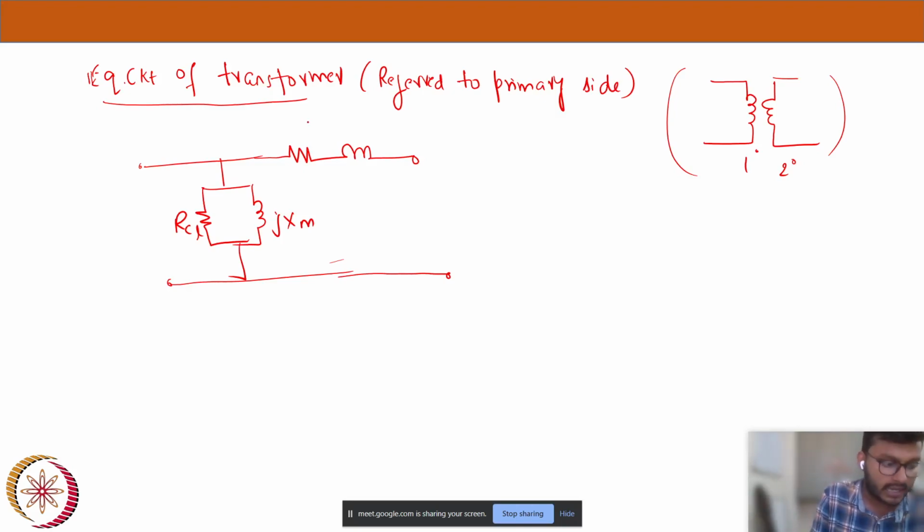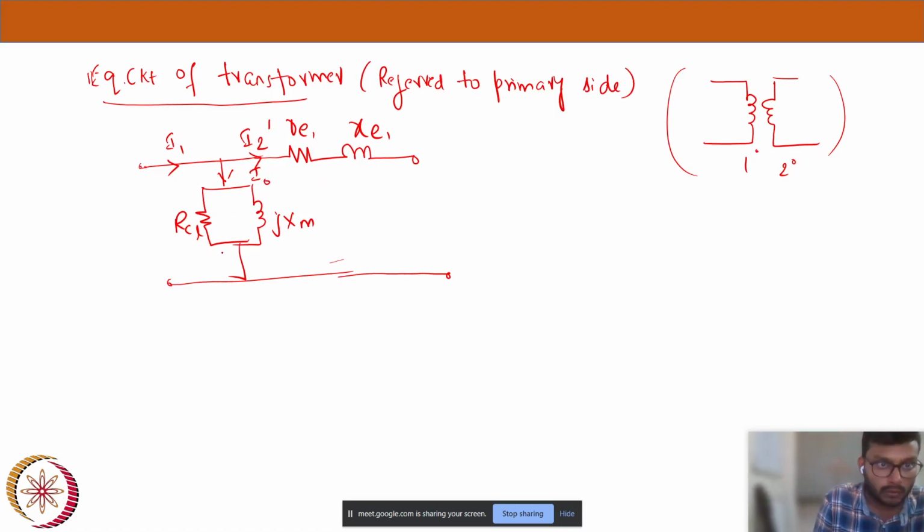That is, let's say we denote this by RE1 and XE1, and yeah, now there is some current I1, and this particular current is I2 dash, this is I0.